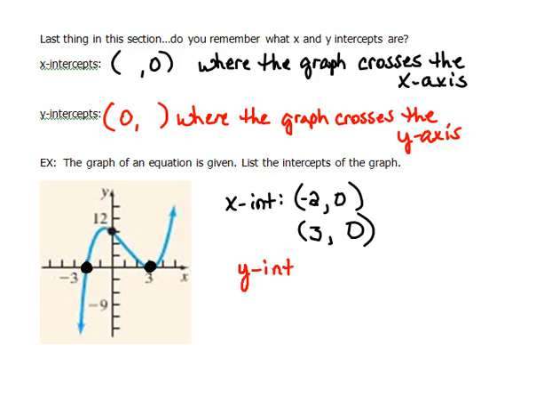Now for our y-intercept. We know that every single y-intercept has an x value of 0, and according to our graph, right here is the y-intercept. Now, notice that in this case we have 12 here that matches with this tick mark. So we have 1, 2, 3, 4 tick marks, but this is worth 12.